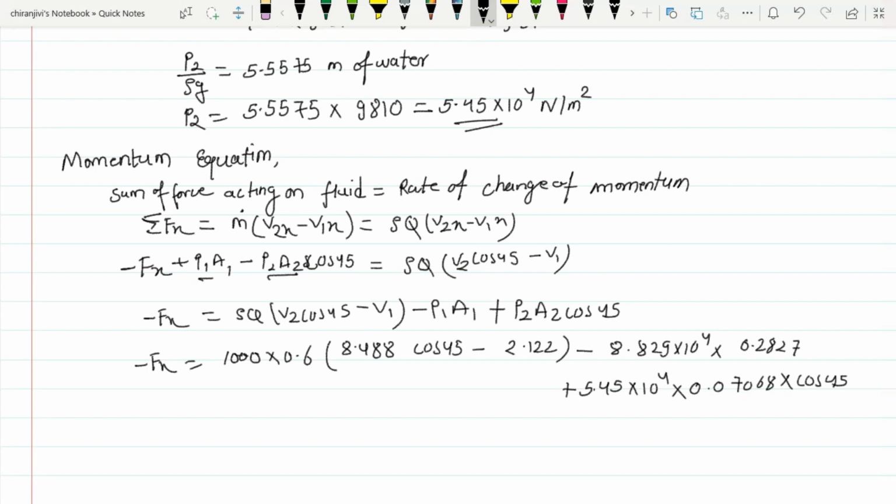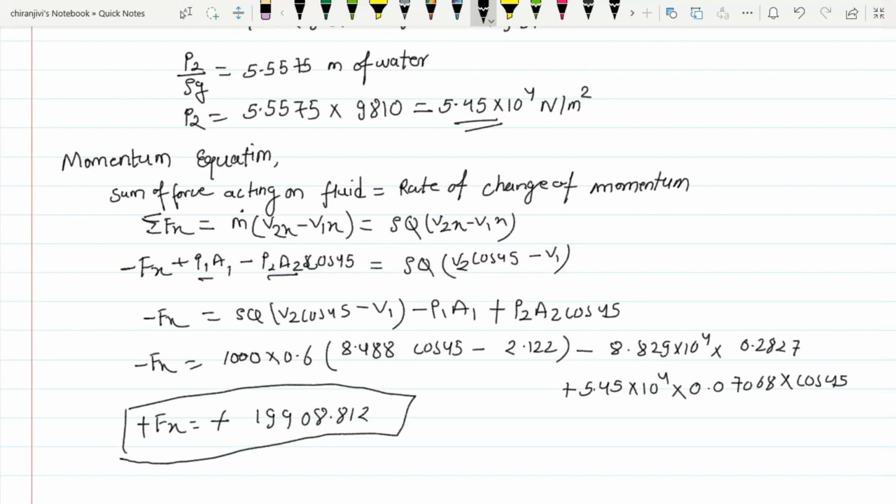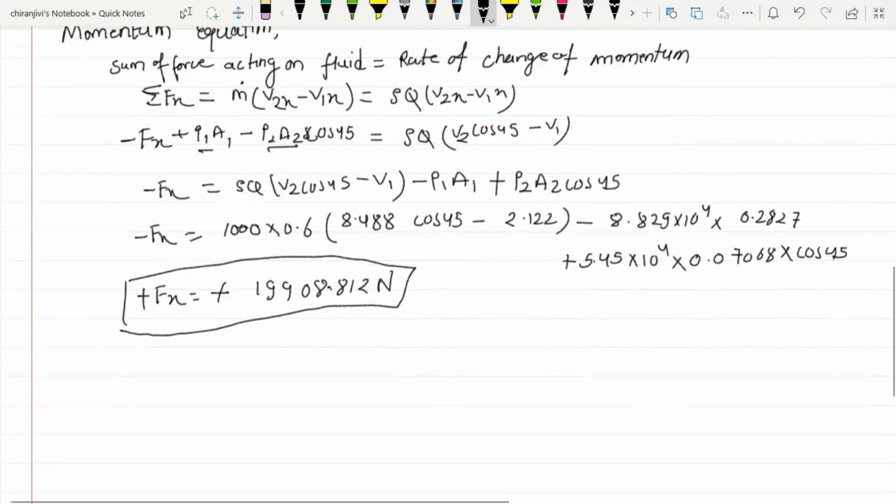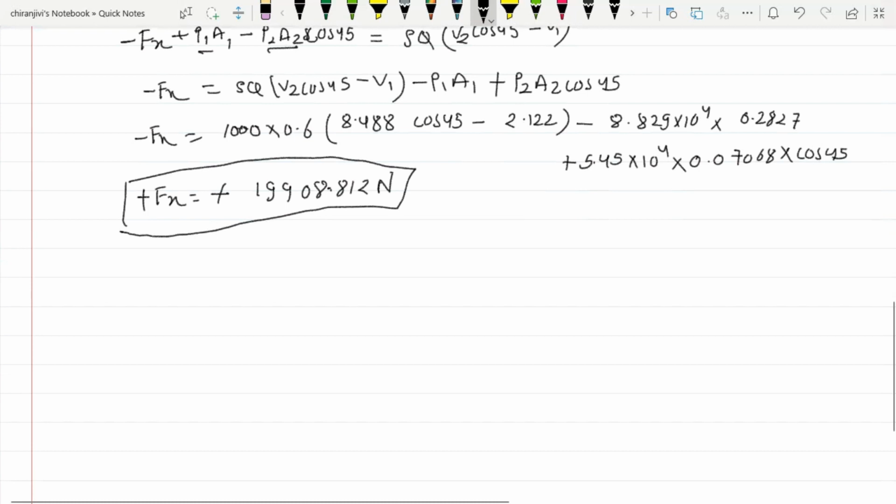Using calculator we find minus Fx equal to minus 19908.812. This negative becomes positive, so Fx is 19908.812, and the unit is Newton.